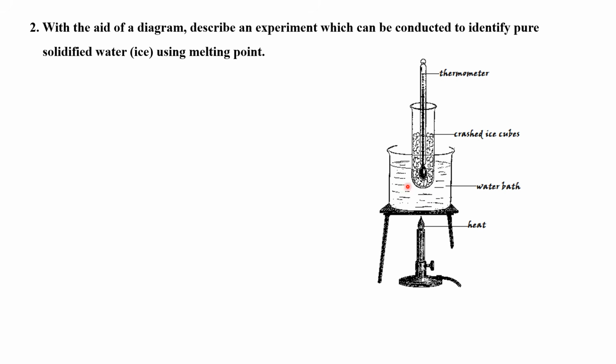So heat will be transferred to the test tube, which warms up the ice cubes, and then the ice cubes will melt in response to the heat from the water.